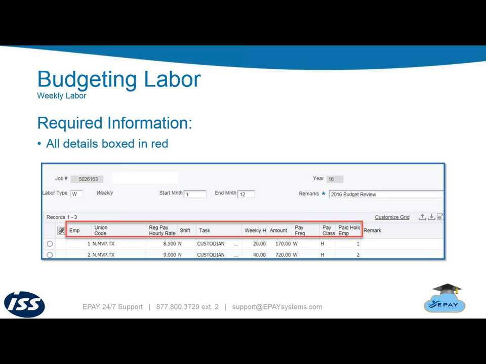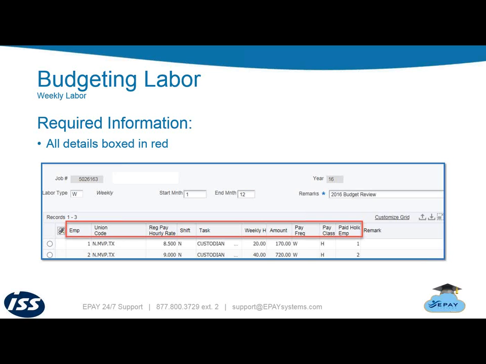We'll also need the hourly rate of this employee, the shift, whether they work night or day, the task of the employee, so whether they're a custodian, a floor tech, a supervisor, etc., and the weekly hours that they work.